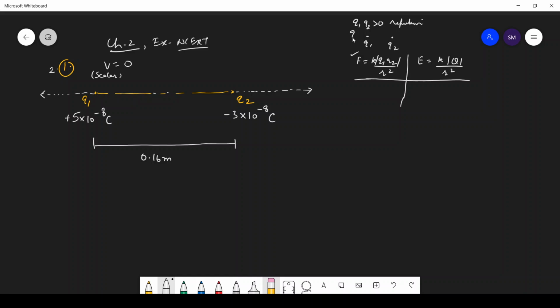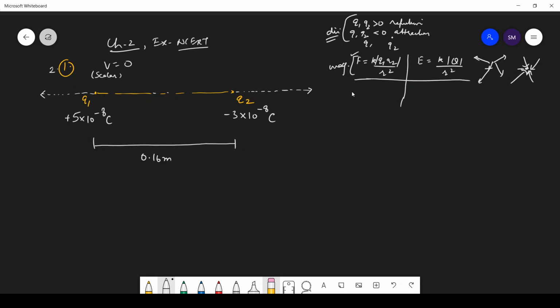And if Q1 Q2 is less than 0, then there will be attraction. So for the vector, it's better if you find the magnitude and direction separately. So here also we can do the same thing. For positive charge, field lines are outward. For negative charge, the field lines are inward, so we can tell the direction. So here we need not put the sign, negative or positive.